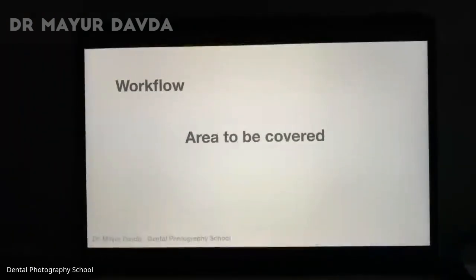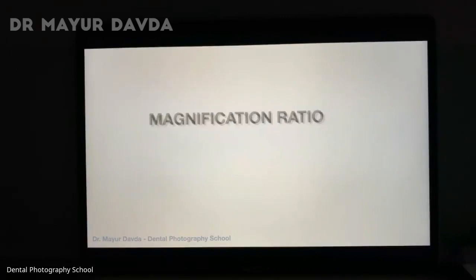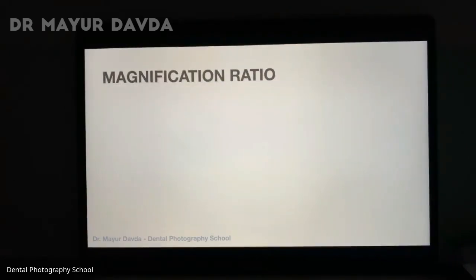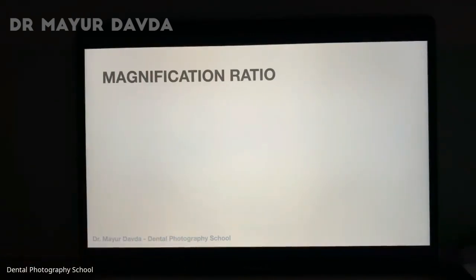So first things first, you have to imagine what is the area that you're going to be covering. All right. If you are sure of the area to be covered, you have to understand at what magnification ratio you are going to record that particular area. What do I mean by that will be clear in my forthcoming slides.